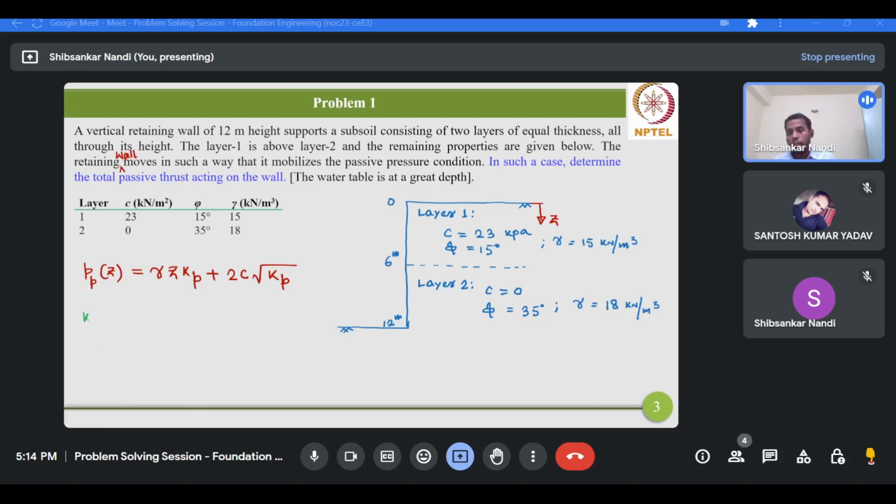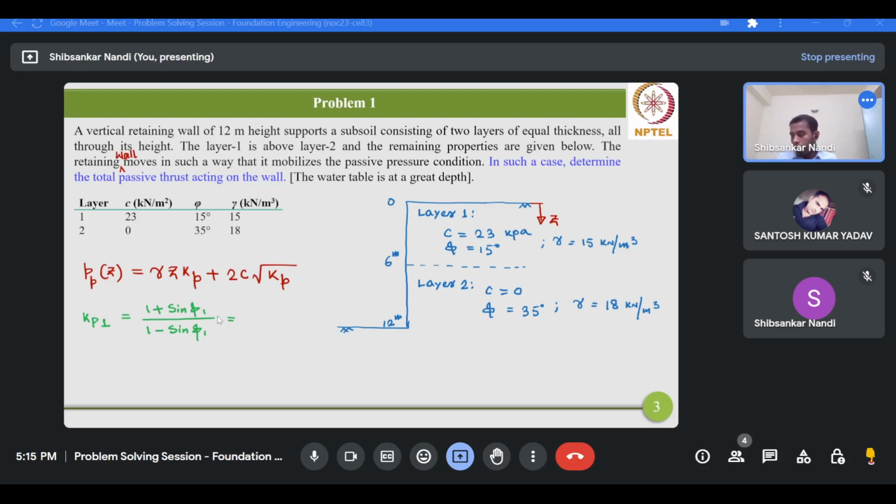So Kp1. Now what is the expression for passive earth pressure coefficient? This is 1 plus sin phi divided by 1 minus sin phi. You can write it as 1 plus sin phi 1 divided by 1 minus sin phi 1, where the subscript 1 indicates the property for layer 1.